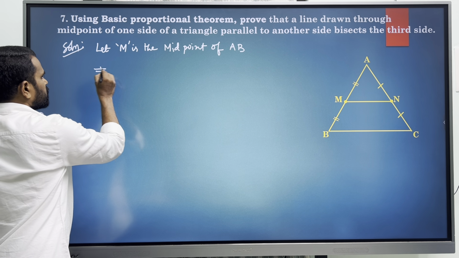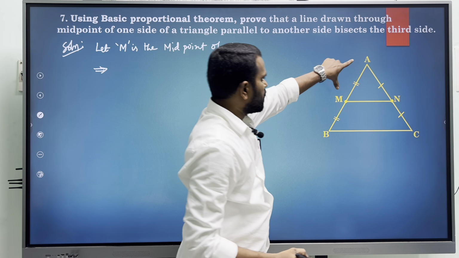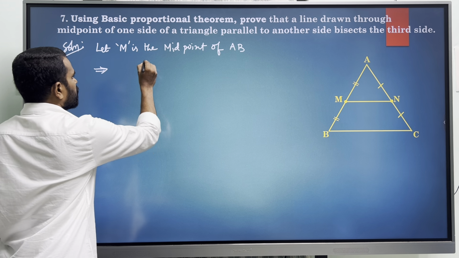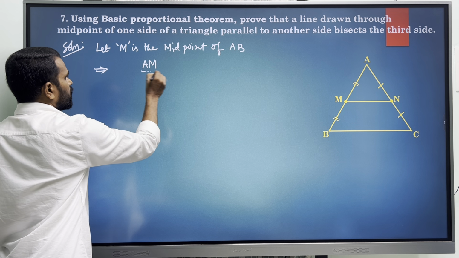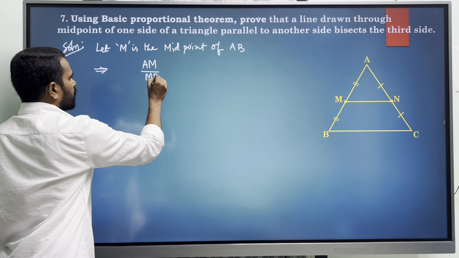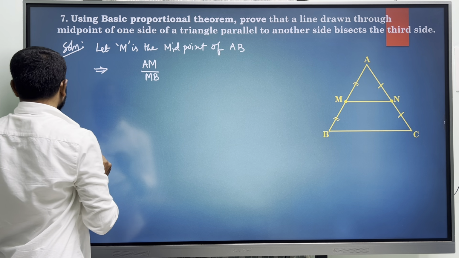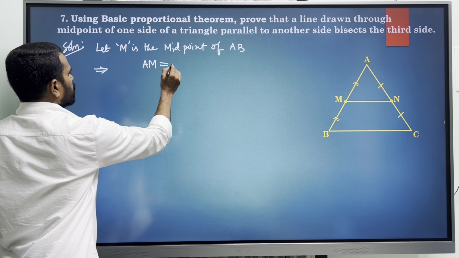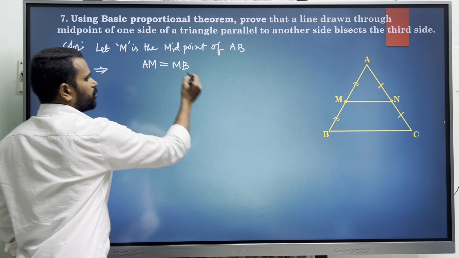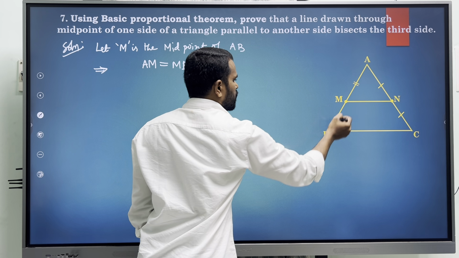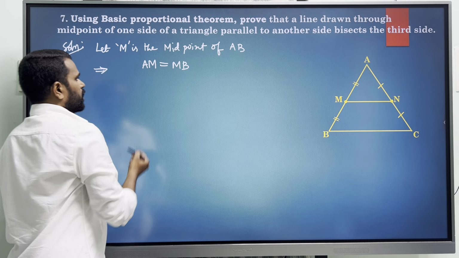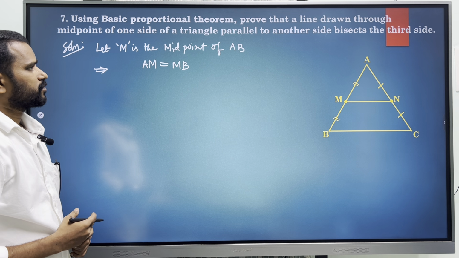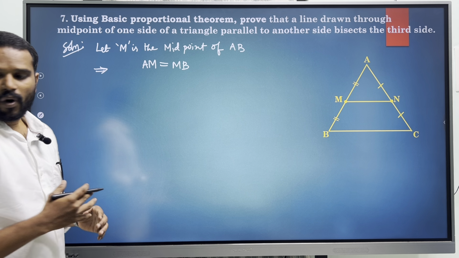That means M is the midpoint, so what does it mean? AM and MB are equal, right? AM equal to MB. So AM should be equal to MB. Understand? AM equal to MB. Okay. Now, what is he trying to tell?